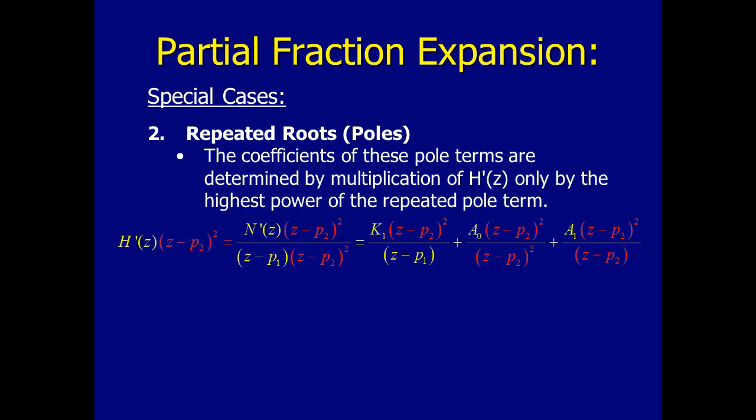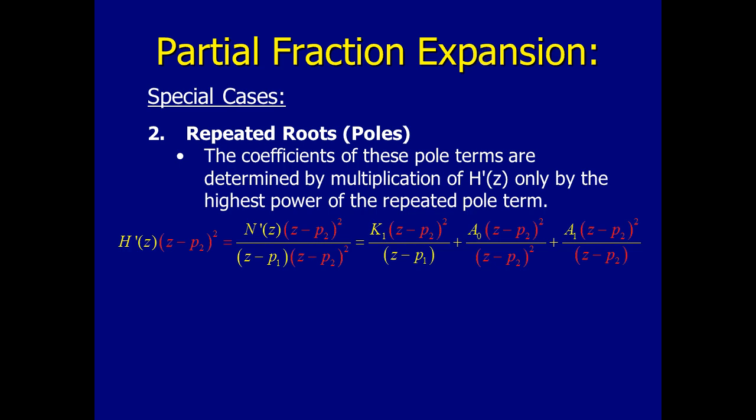Now, the coefficients of those we're going to need to find by a slightly different process. For the coefficient of the highest power partial fraction term, in this case the A0 term, we're going to use the normal partial fraction expansion process.